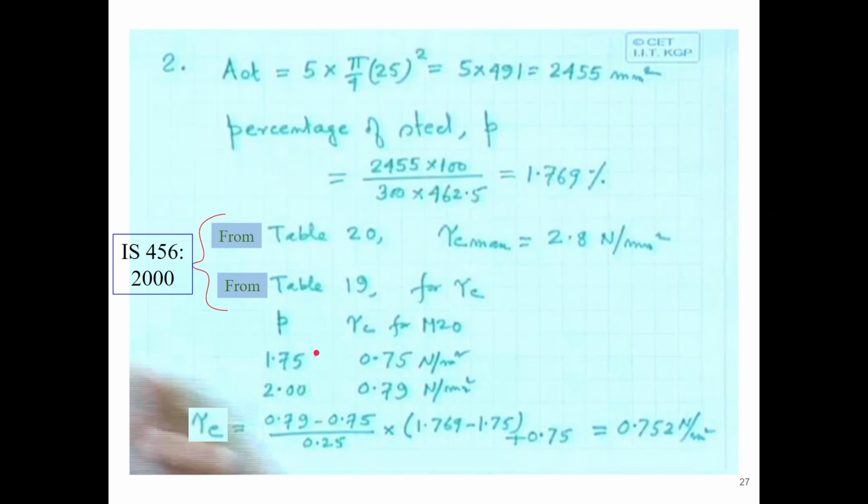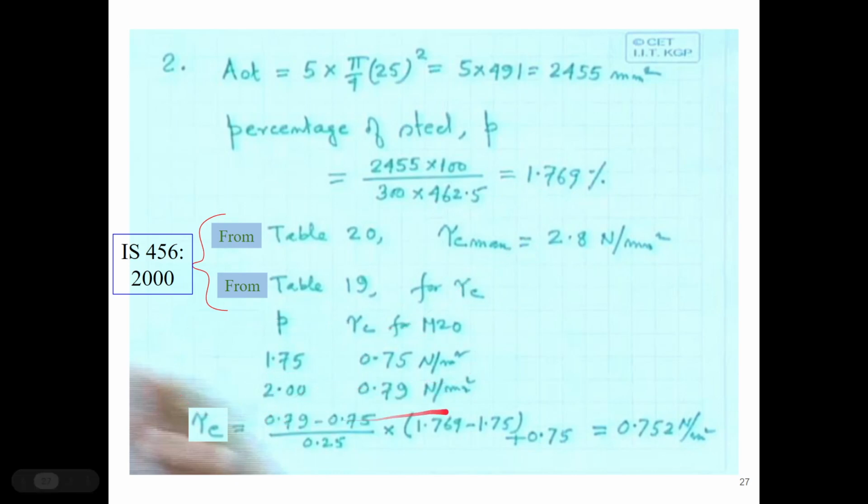Now if you take table 19, from it you will get that for M20 at a 1.75 p value, tau c value is 0.75, and for 2 p value, tau c is 0.79. So this 1.769 will be in between 1.75 and 2, right?